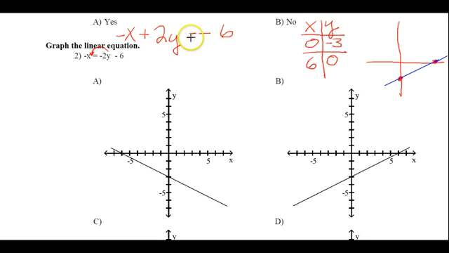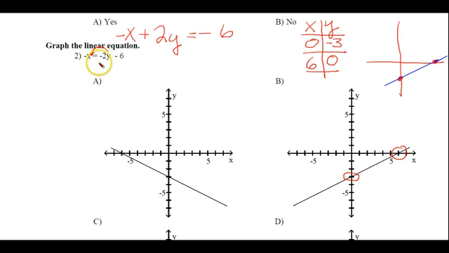So this graph is the representation of this equation, and there's an infinite number of points along this line. Now right here is your x-intercept, and right here is your y-intercept. But again, all they asked here is for you to graph this.